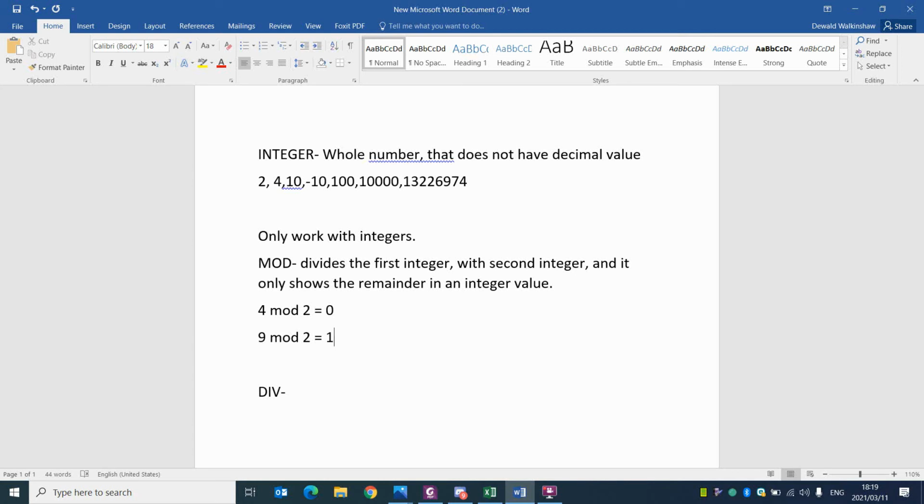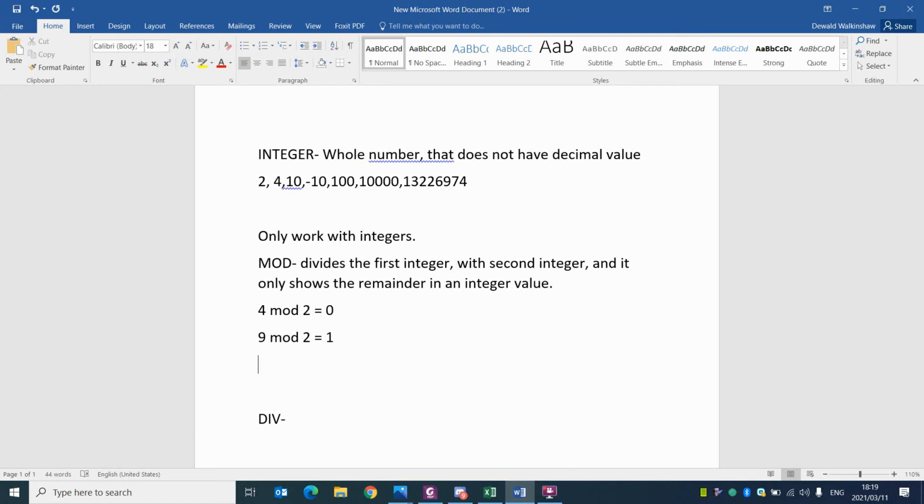If you count 2, 4, 6, 8, the next one is 10, but 10 is not equal to 9, so it's greater. But 8 is also not 9, so that means 9 is somewhere between 10 and 8. So it goes into 2, 4, 6, 8, which is 4 times. So there's 8 that goes into it fully. So how much is the remainder? 9 minus 8 gives you the remainder of 1.